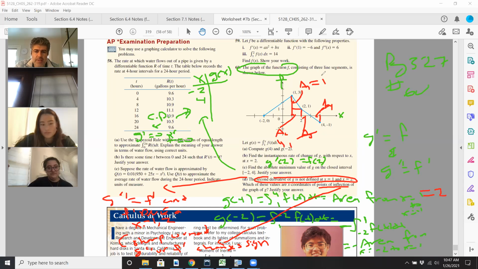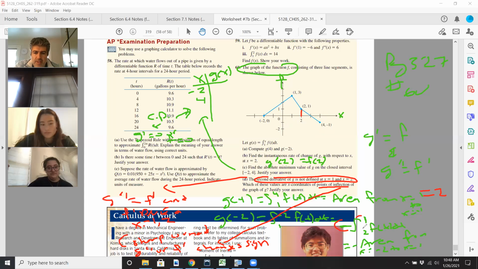If you want G of -2, you're integrating from 1 to -2, as I show you down here. So you got to reverse the order, so that way you're going from left to right. You got to reverse the order of integration to go from -2 to 1, but you got to put a negative out in front.